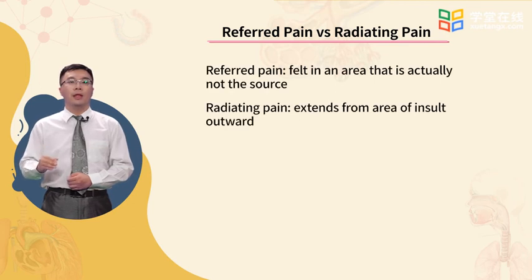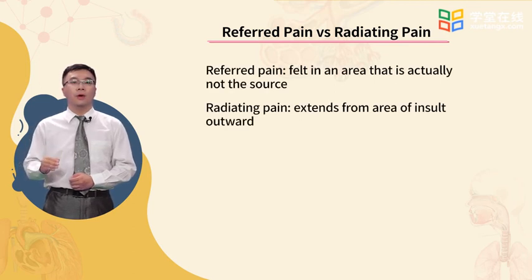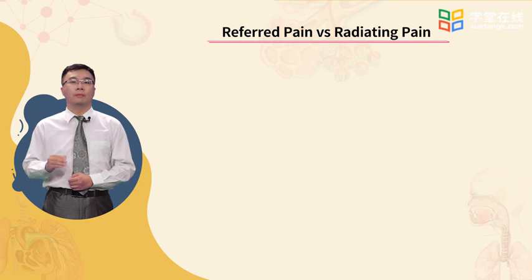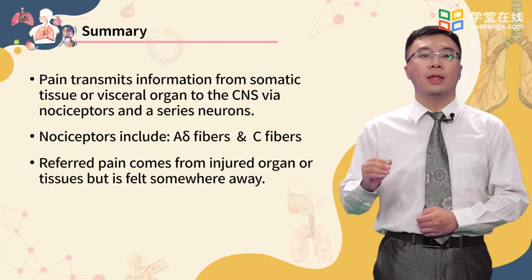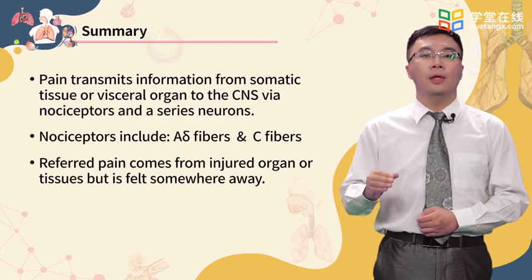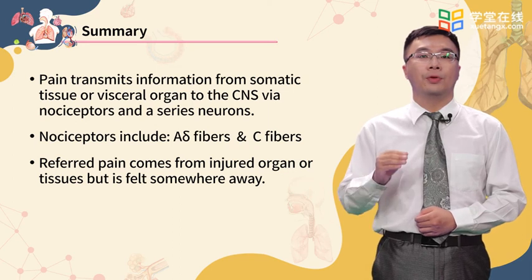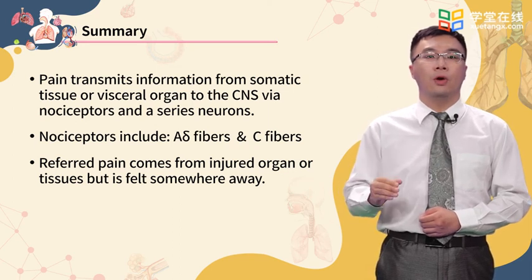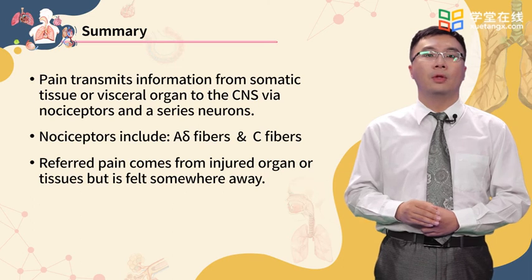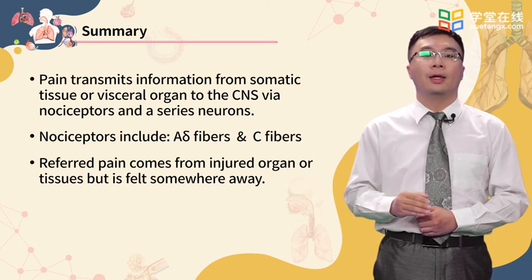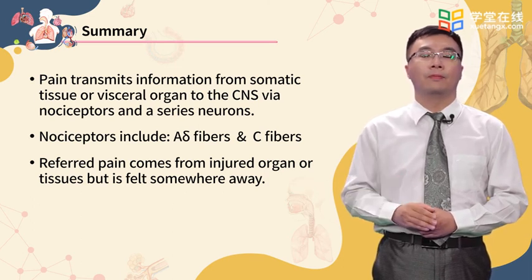Referred pain doesn't have a focus and involves a wider area. It is away from the organ that actually has the problem. So, in summary, pain information is transmitted from somatic tissue or visceral organ to the central nervous system via nociceptors and a series of neurons.